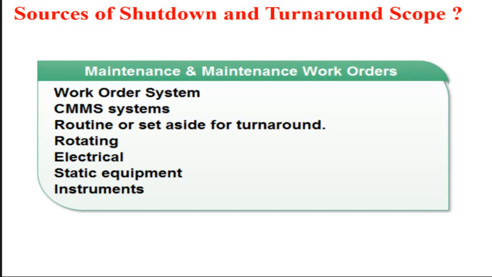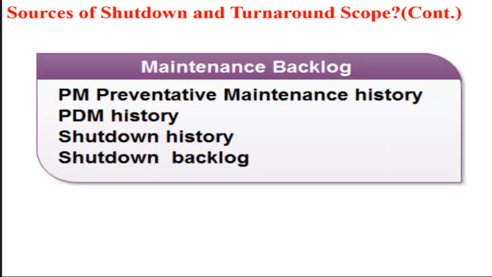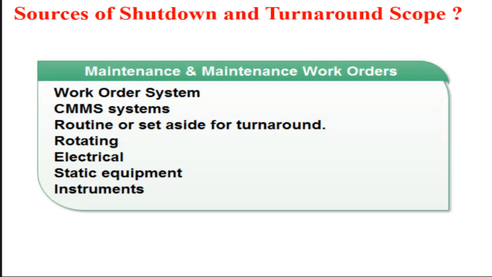Maintenance covers all types of equipment. Whatever equipment requires maintenance, any assets will of course create work orders, including rotating, electrical, static equipment, and instrumentation. All these are assets which from time to time create a work order.